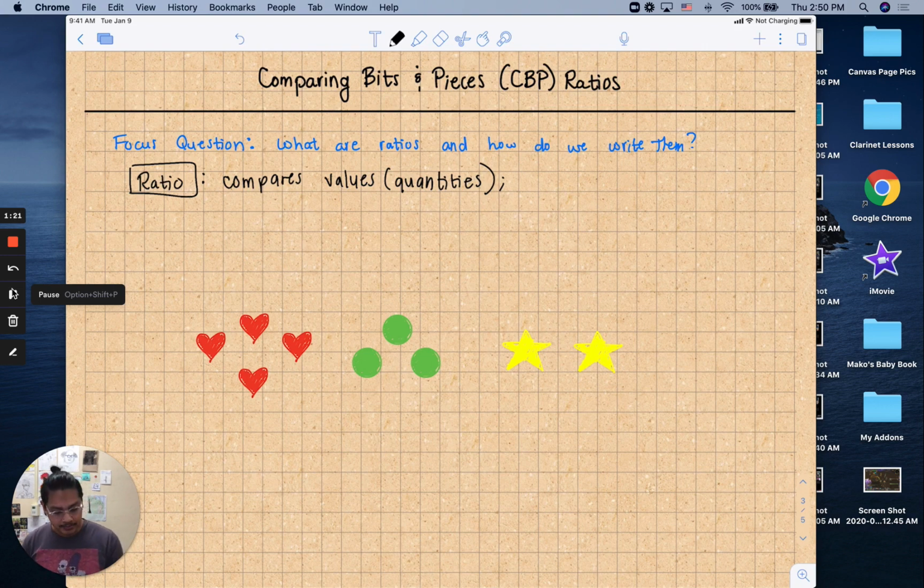Let's write that down. How much of one thing compared to another thing. And we're going to take a look at some examples.